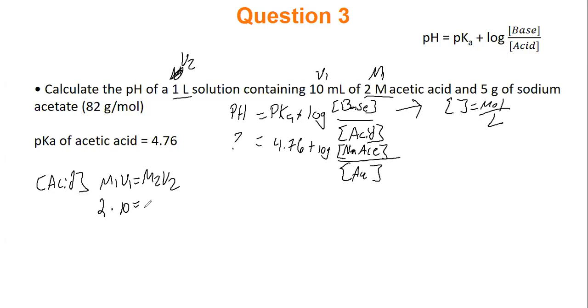I don't know the molarity, that's my unknown of my new solution, in 1 liter, which is 1,000 milliliters. So I converted this 1 liter to 1,000 milliliters to do this equation. Solve for M2. So M2 equals 0.02 molar. My concentration of acid is 0.02 molar.